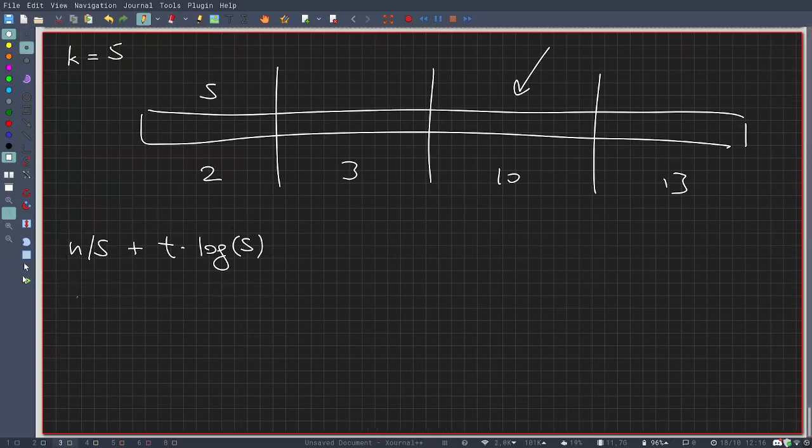Again we have n divided by s squared plus t divided by s, right, equals... no, it cannot be right. Yeah, there's a minus here.